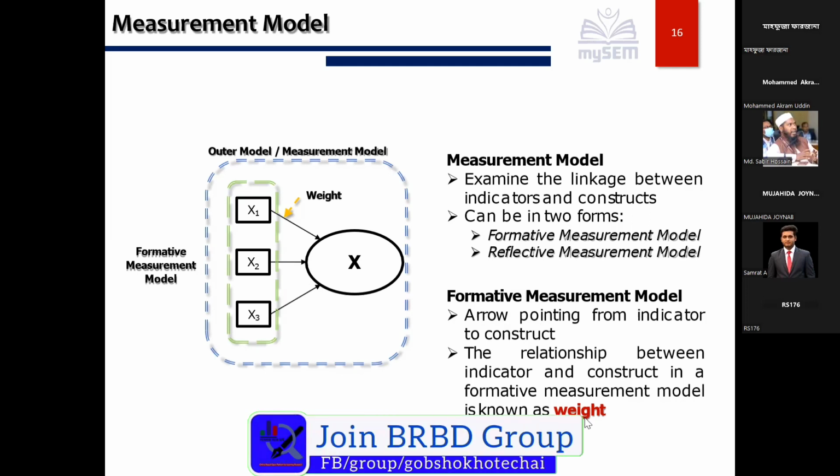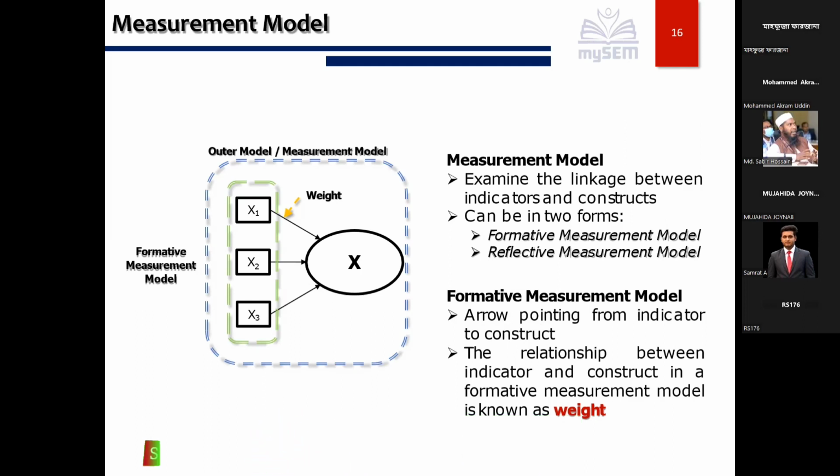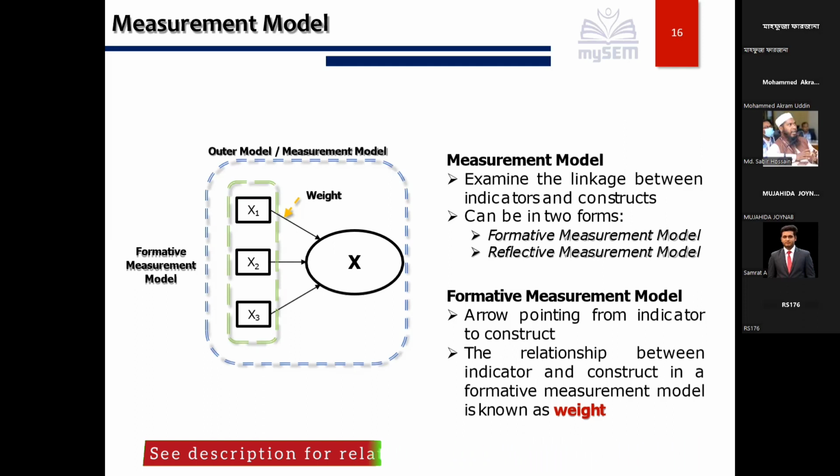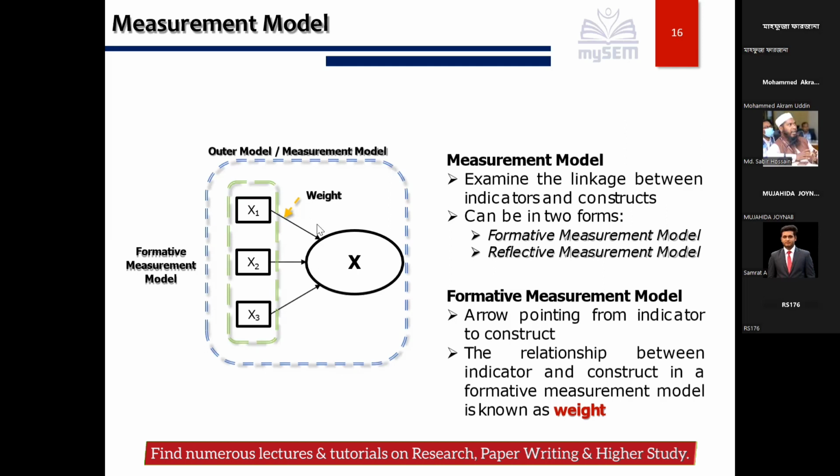Remember two things. Apart from this, there is some theoretical foundation for when you set up the formative or reflective measurement model. But in the analysis, even if you forget the theory, you can run the software. So when you are using the formative measurement model, you have to remember that you are getting a value of weight.